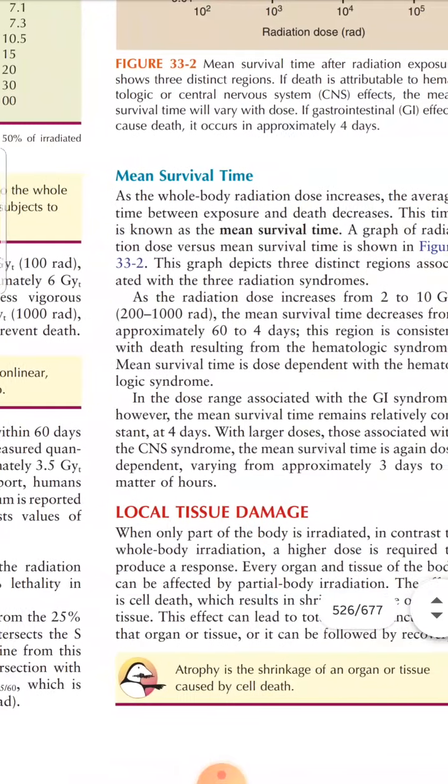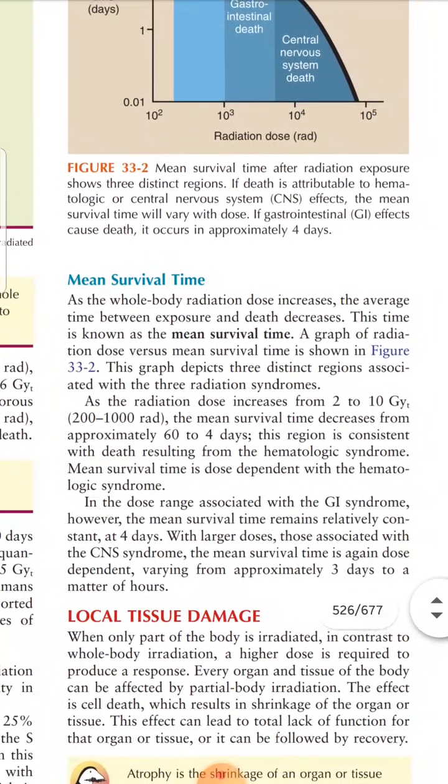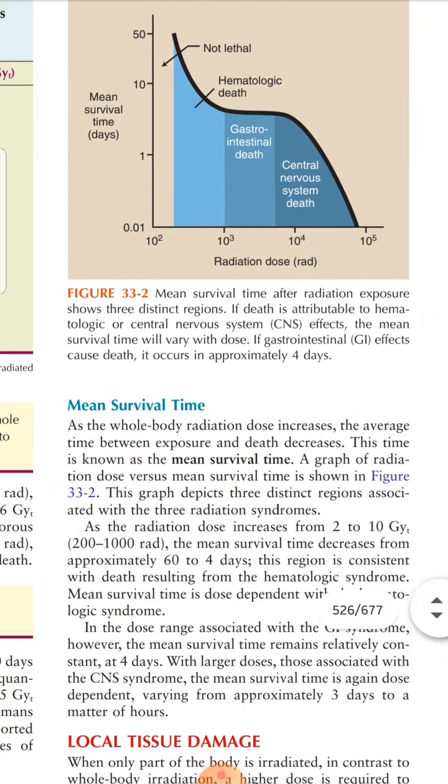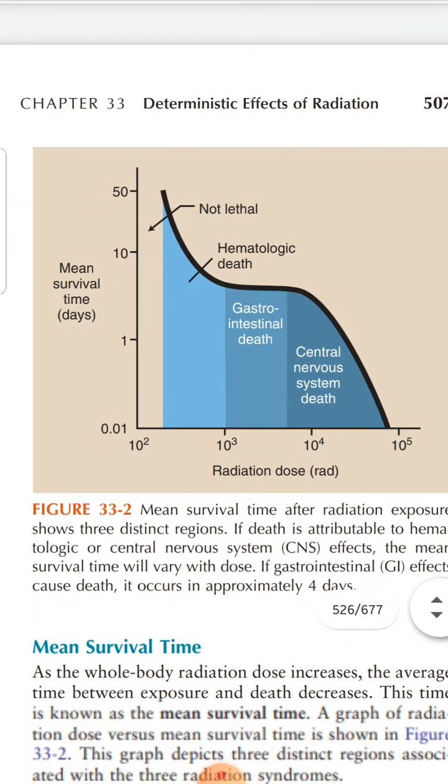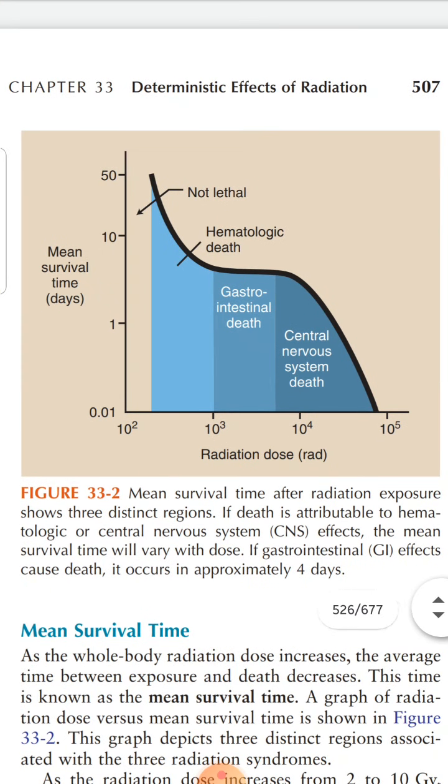The next topic that we are going to discuss is the mean survival time, and we will once again look at this graph. But what is mean survival time? As the radiation dose increases, the average time between the exposure and death decreases.